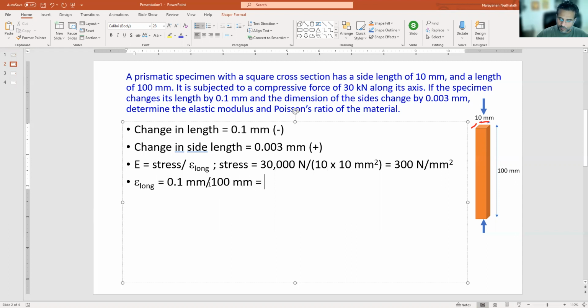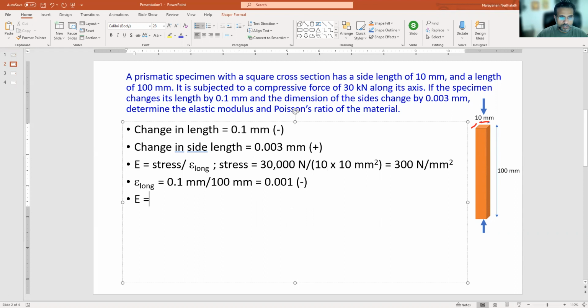Therefore, my strain would be 0.001. I'm going to put in a negative sign because it's compression. My longitudinal strain is negative, or the length has actually gone down because it's a compressive force, right? So I now know my longitudinal strain. I know my stress, I know my longitudinal strain.